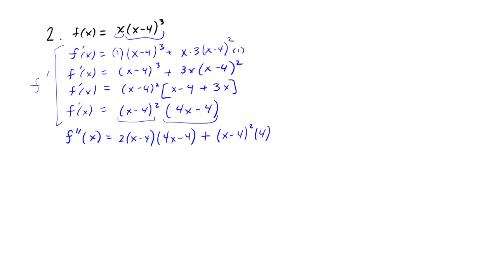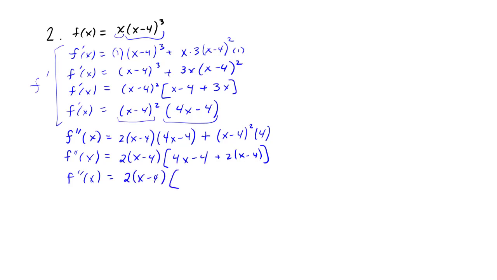Now I'm going to pull out some common factors. I definitely have at least a 2 times (x minus 4) common here, and that'll give me (4x minus 4) plus a 2 times (x minus 4). Keep working on that. So this will give me 2x minus 8. So this gives me a 6x minus 12 overall.